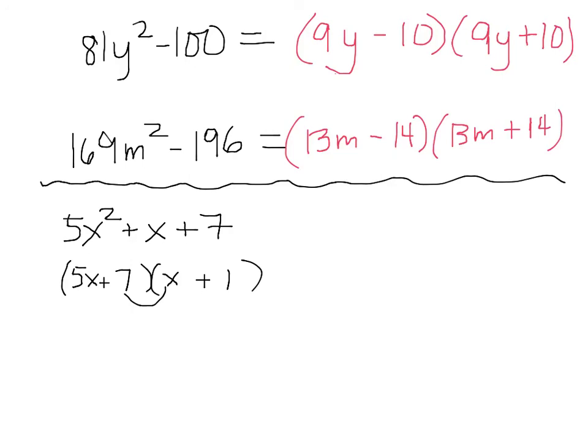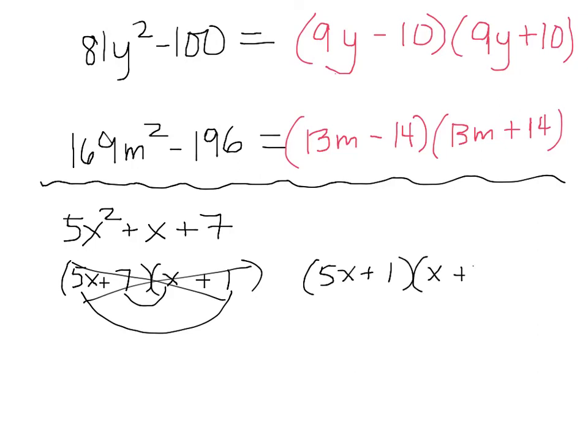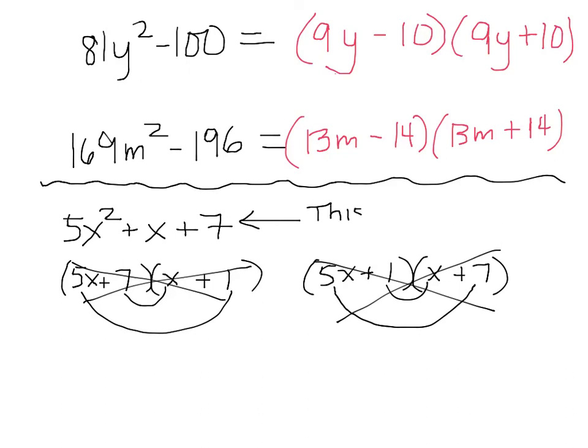Well, this is going to give me 7x, that's going to give me 5x, it won't give me just 1x when I add them together, it'll give me 12x. So this does not work. So I'd have to try something different. 5x plus 1 and x plus 7. Well, this is going to give me 1x, but then I also have this, which is 35x. So when I add those together, I get 36x, so that does not work. So here, this cannot be factored.